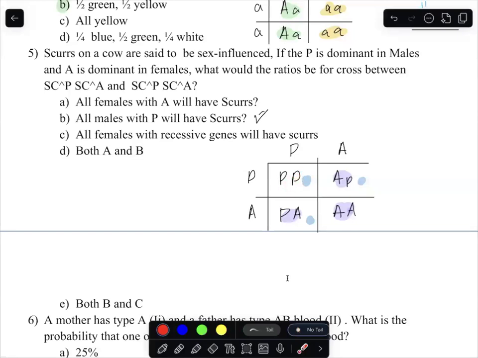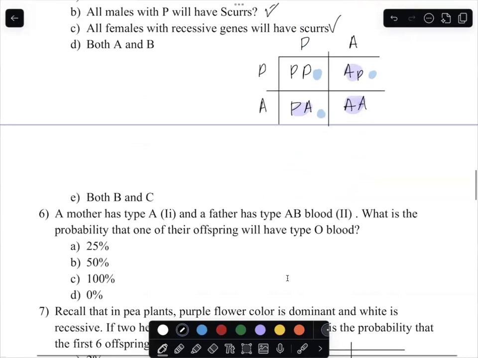Because A is dominant in females here. So all females with recessive genes will have scurs. So this is true because P is recessive in females and P is present for scurs. So the answer is both B and C.